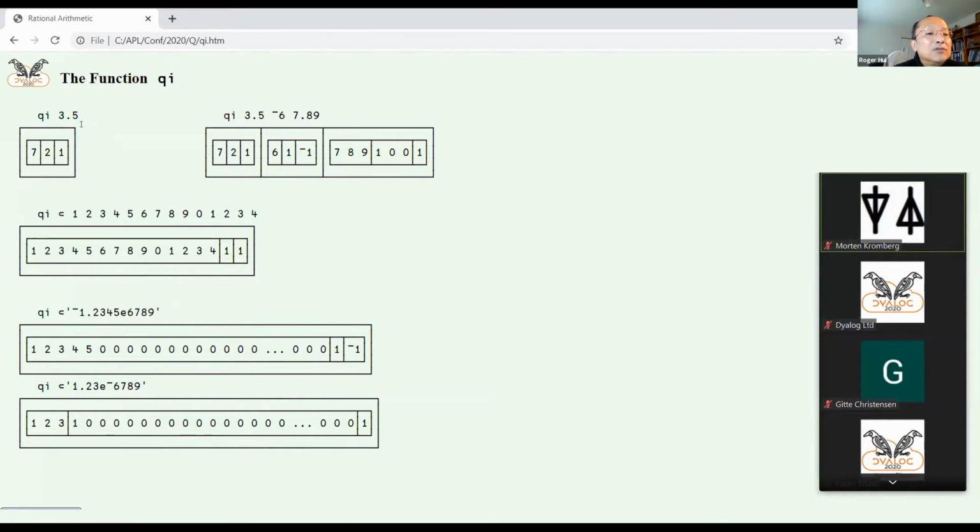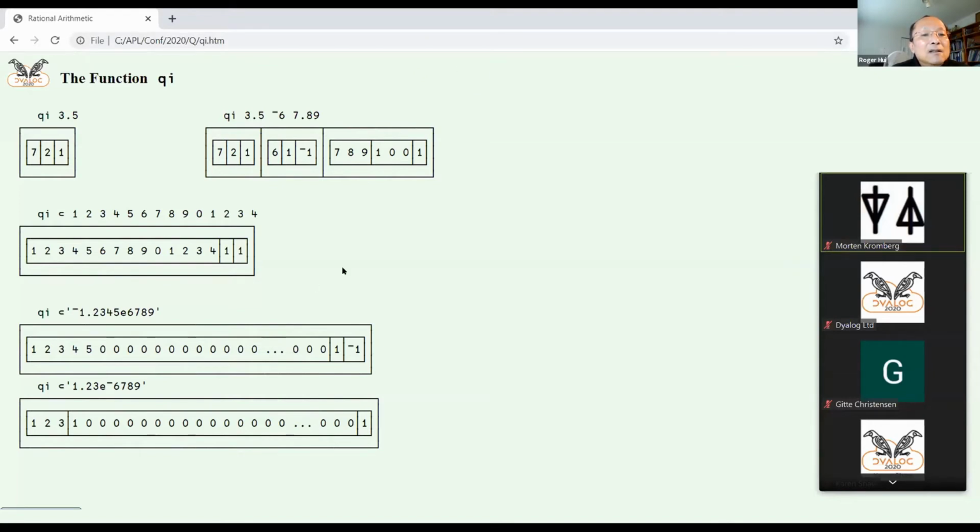So qi of 3.5 is the number 7/2, and qi of 3.5 -6 7.89 would be this 3-element vector of rational numbers.